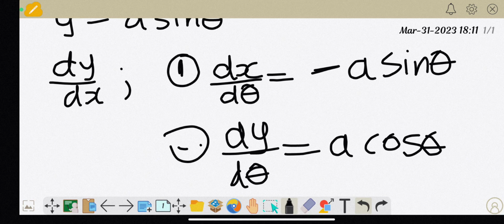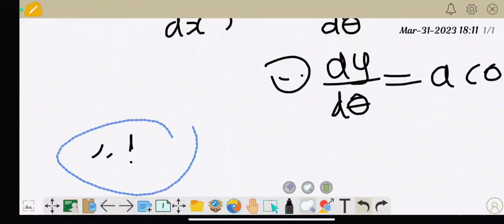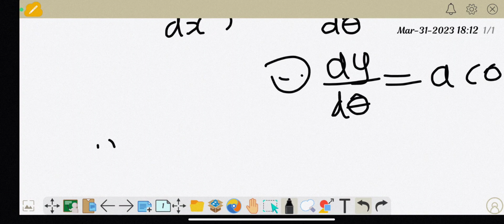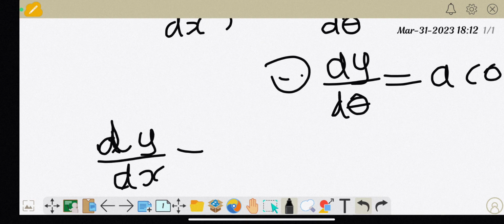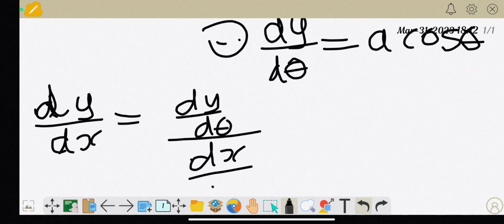Next step, dy by dx is equal to dy by d theta divided by dx by d theta.